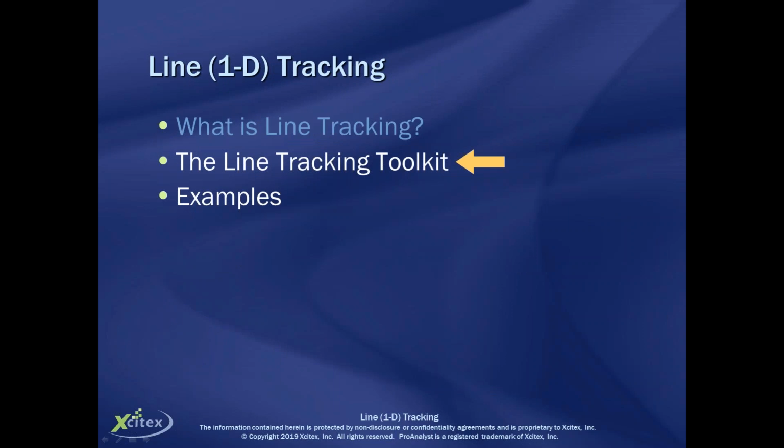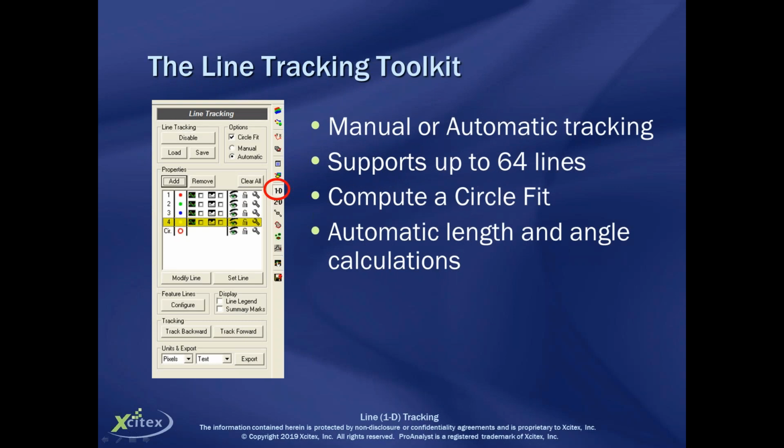Now I'm going to look at the toolkit itself and exactly how we use the software. The 1D toolkit, again, is in ProAnalyst Professional and ProAnalyst 3D. It allows for both manual and automatic tracking of points on a 1D line. You can add up to 64 lines, and you can compute multiple things like a circle fit.